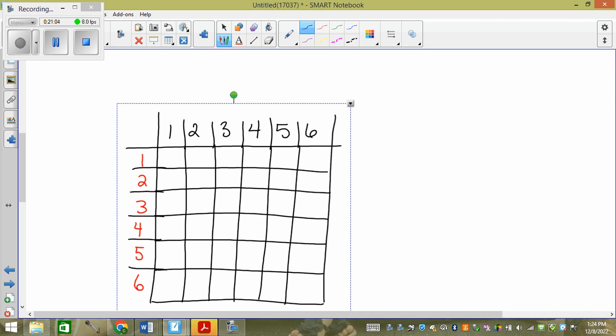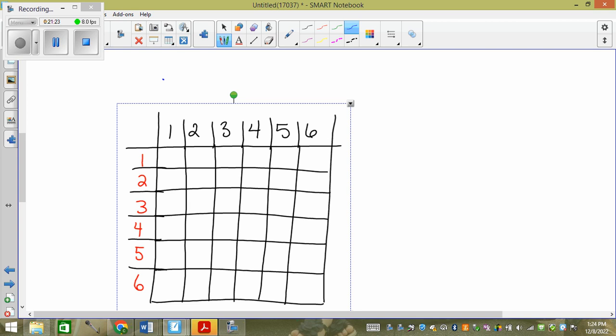So how many different outcomes are we going to get? 36. 6 and 6, right? Now, this may seem time-consuming, but it's not as bad as it seems because there's a quick pattern when you start summing these up.